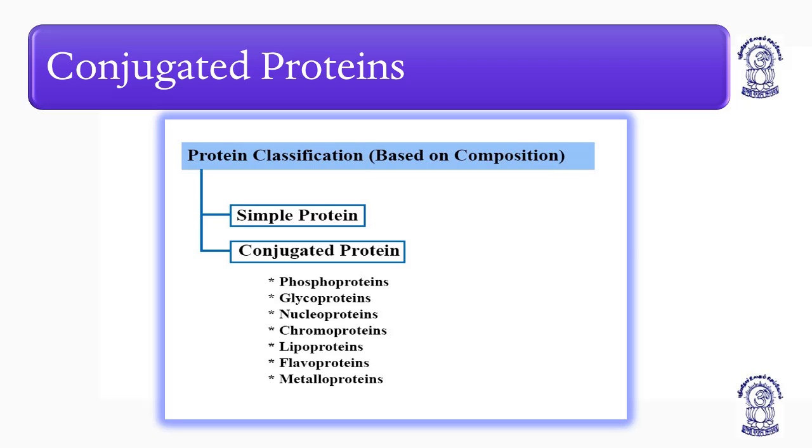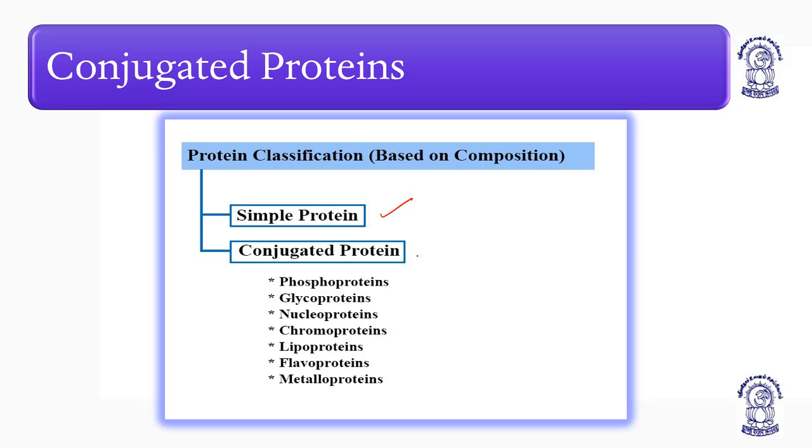Now, conjugate proteins. On the basis of constitution, proteins are classified into three categories. We have discussed the simple proteins. Now we are going to discuss the conjugate proteins, and after that, there is a third category of derived proteins.